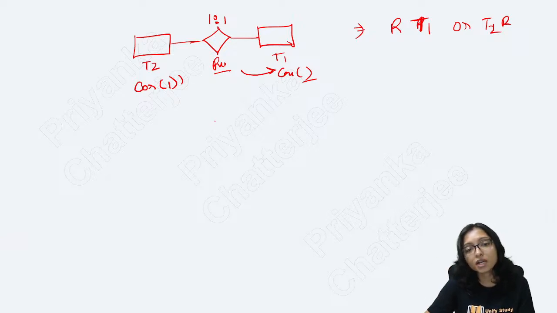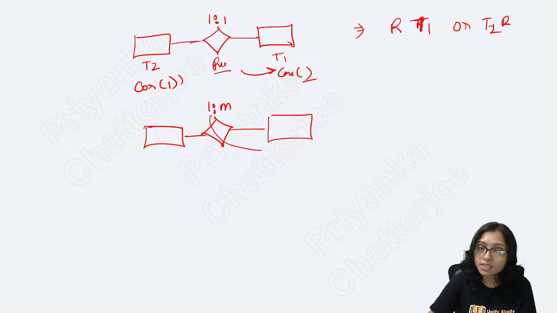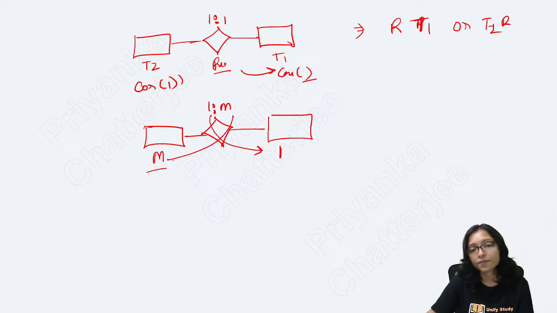If it is a one to many relationship, then what can you do? In a one to many relationship, this is actually the one part and this is actually the many part. Always remember, you can add the relationship only with the table where the cardinality is 1.